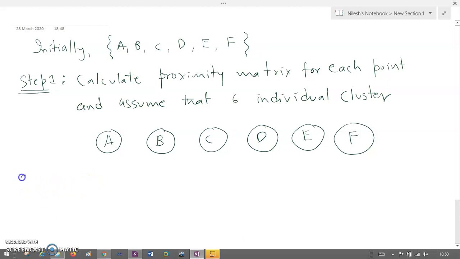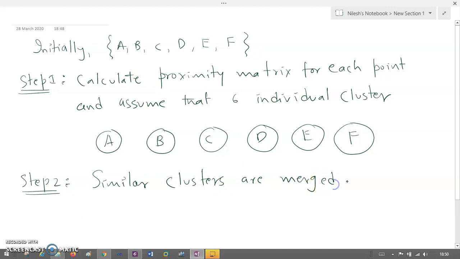Okay, and the next step, my step 2, is that similar clusters are merged together and form a single cluster.